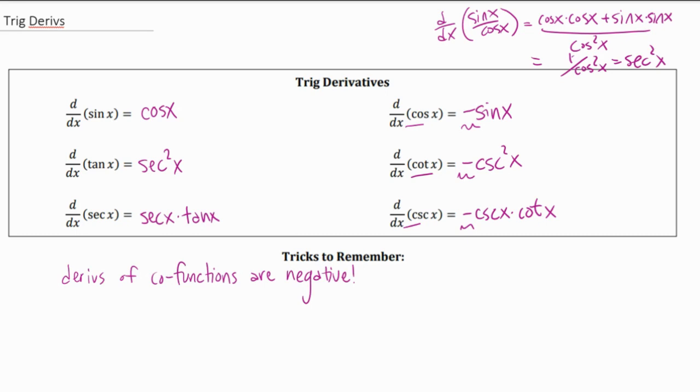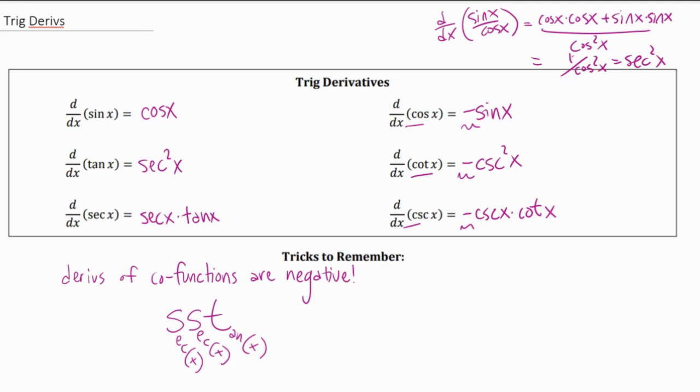Okay, so how do you remember everything else? It's called super spicy tacos or super sassy teachers. I don't really care, whatever you want to call it. SST. And what SST stands for is secant, secant, tangent.